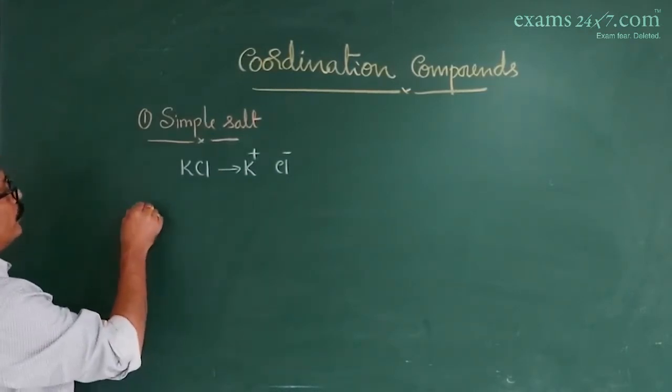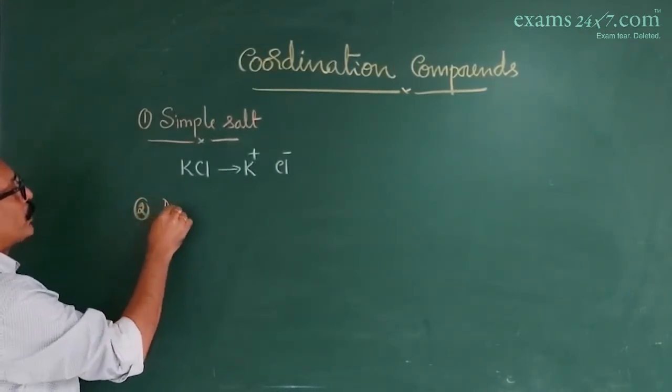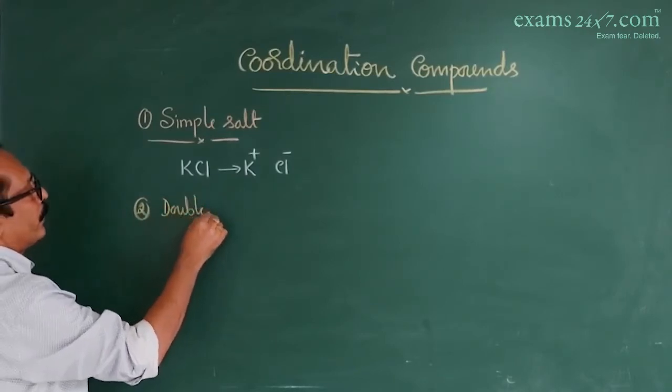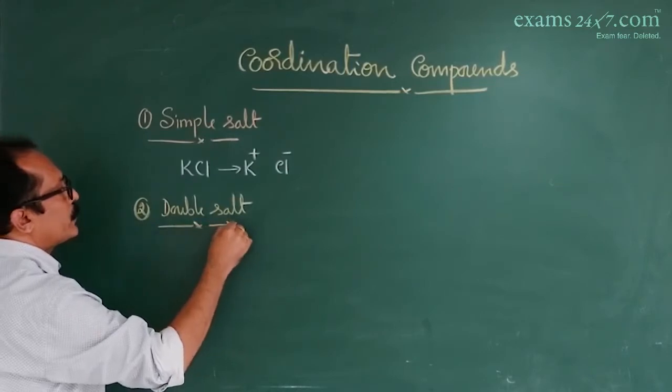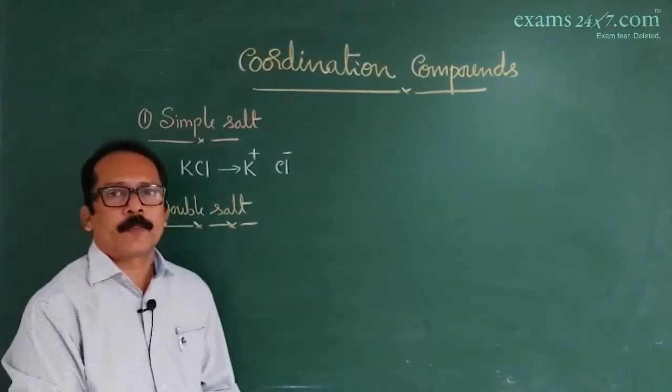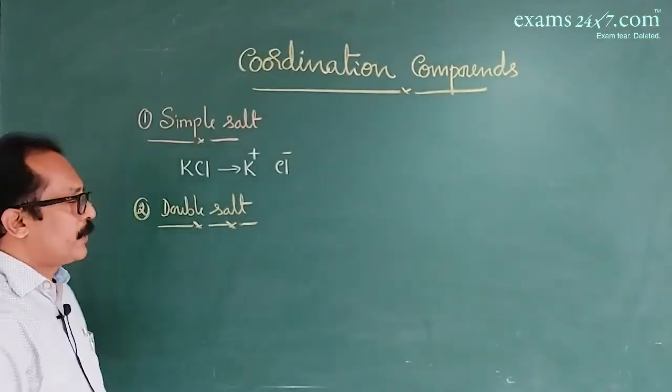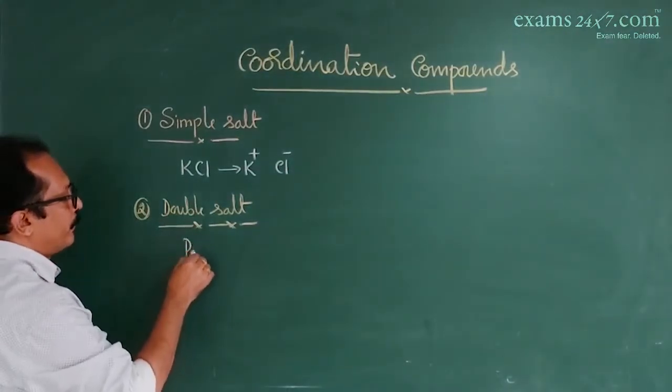So next about double salts. These are composed of two simple salts. Example for double salt, potash alum.